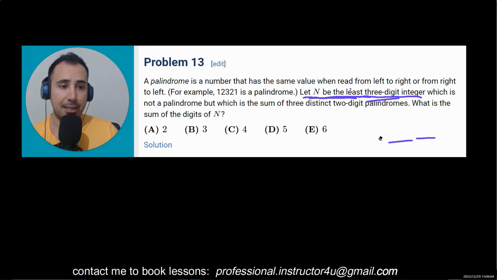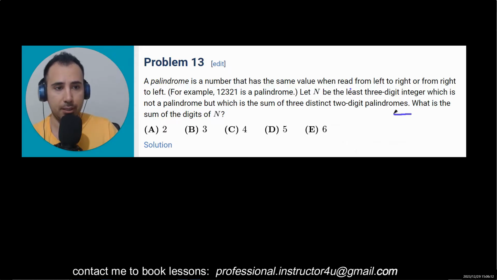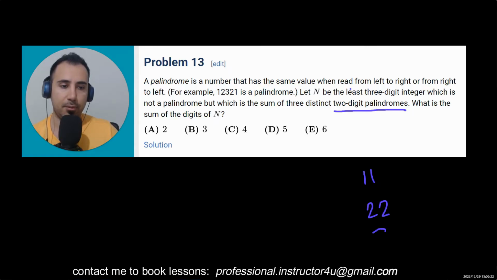Which is the sum of three distinct two-digit palindromes. Again, if you want to understand this, we go from right to left. Can you give me some two-digit palindromes? 11, 22, 33, and the last one is 99. Why does it say distinct?